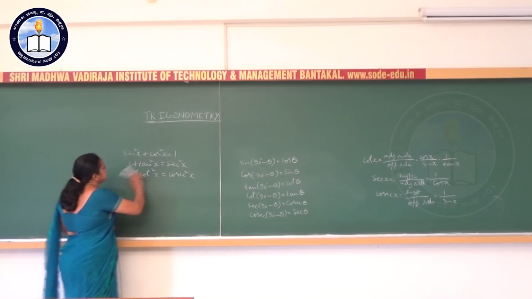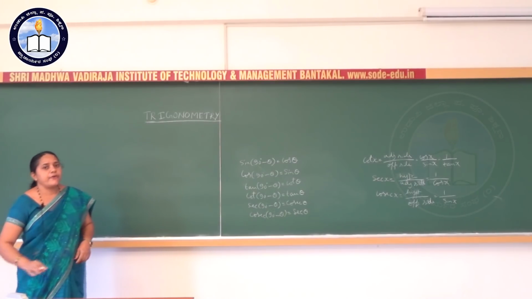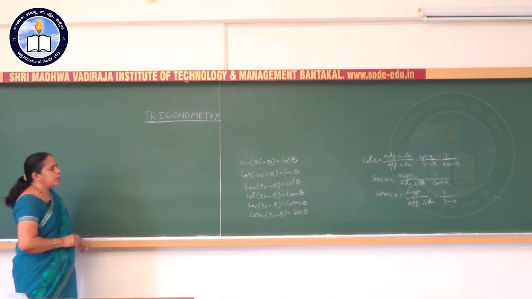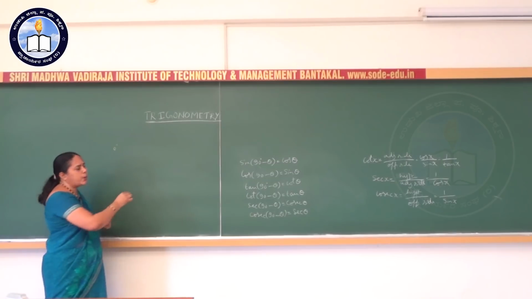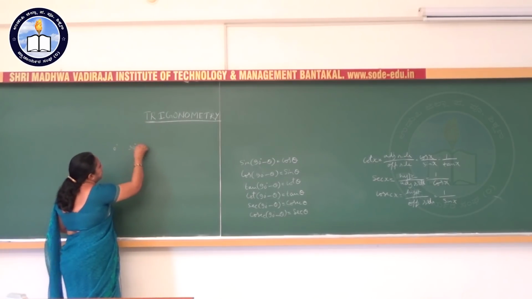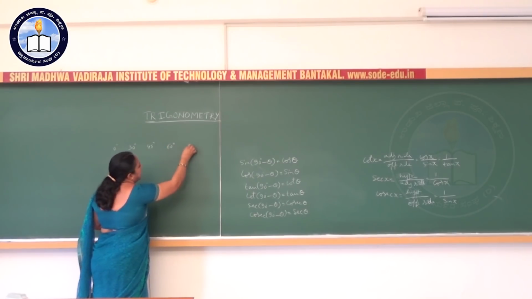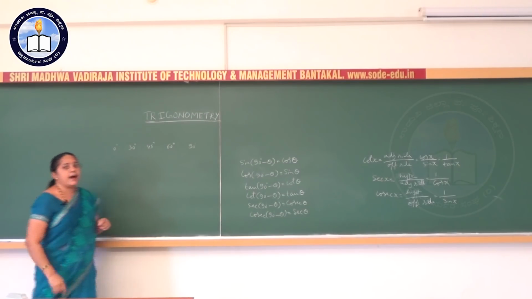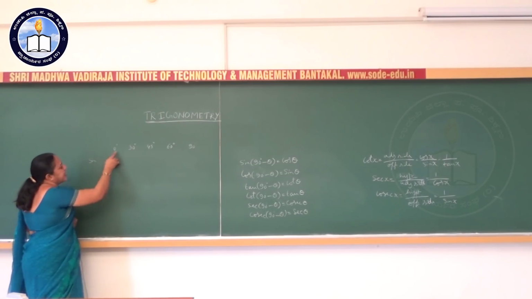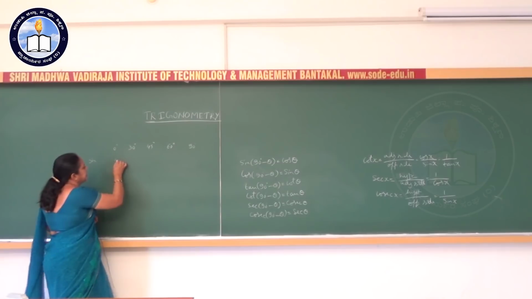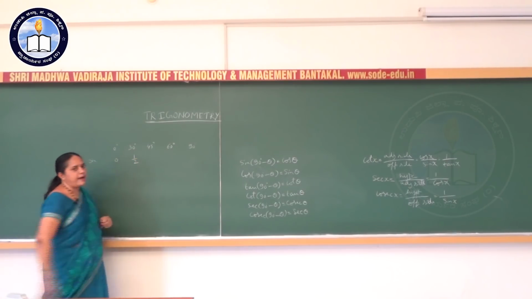And we have also studied the trigonometric ratios of standard angles. What are standard angles? Angles 0, 30, 45, 60 and 90 degrees are standard angles. What is sine 0 degrees? Sine 0 is 0. Sine 30, half.